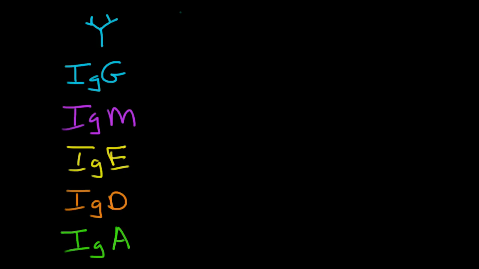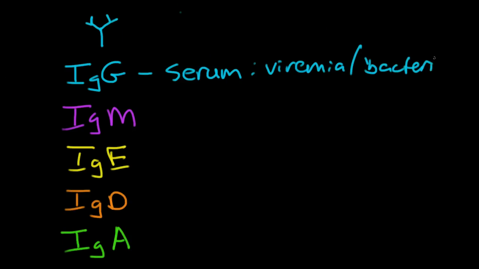IgG is highly present and active in the serum. So it's very important for dealing with viremia and bacteremia. And IgM is actually very important for what's called host-naive viremia and bacteremia.